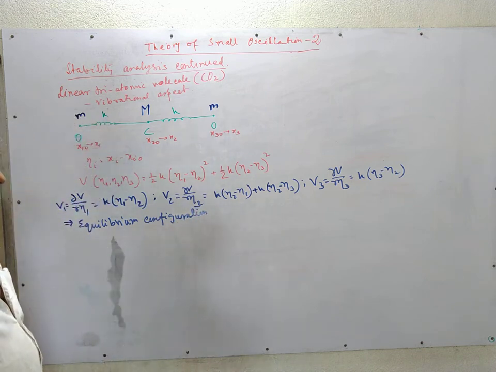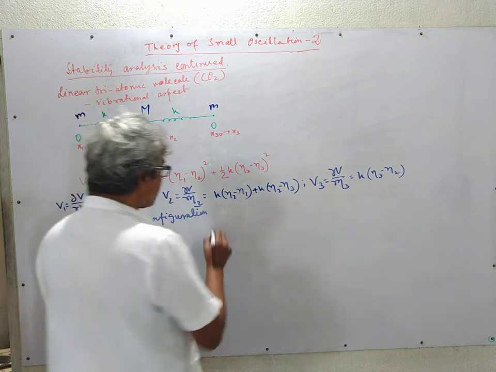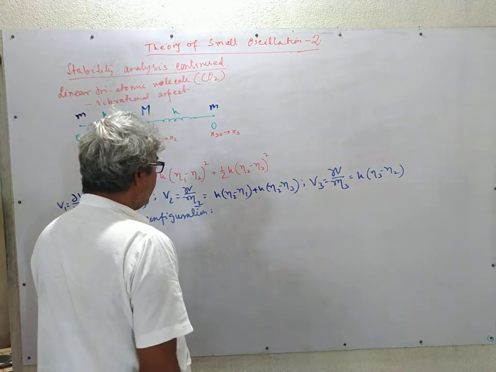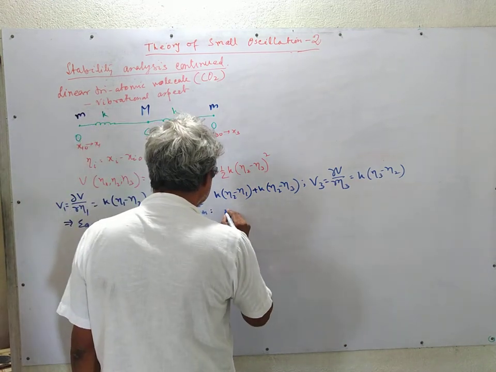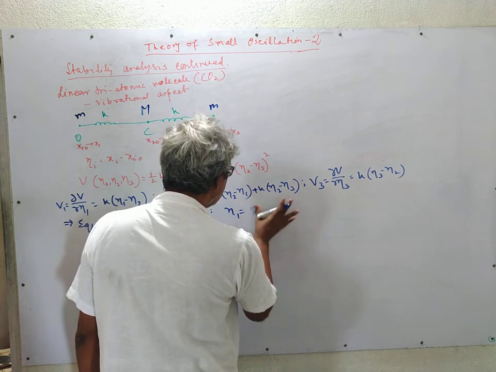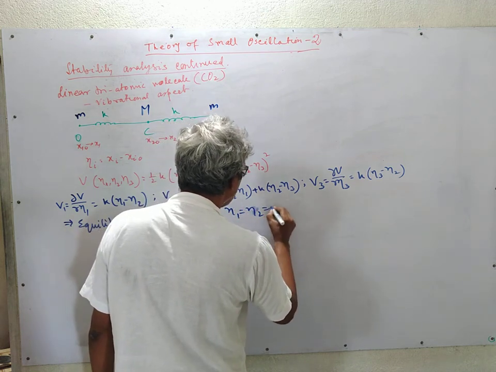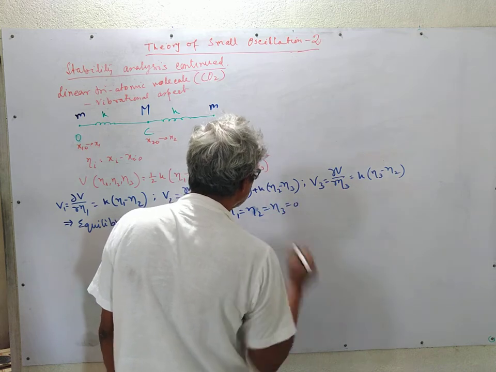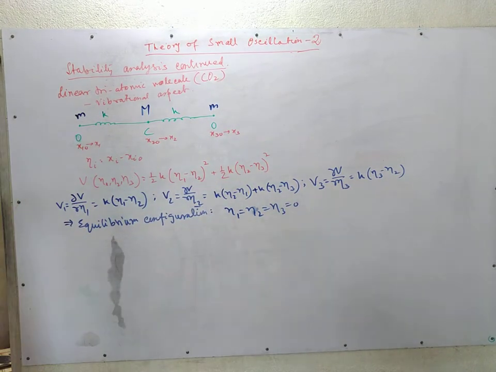Because this system has been described in configuration space, the equilibrium configuration is eta 1 equal to eta 2 equal to eta 3 equal to 0.